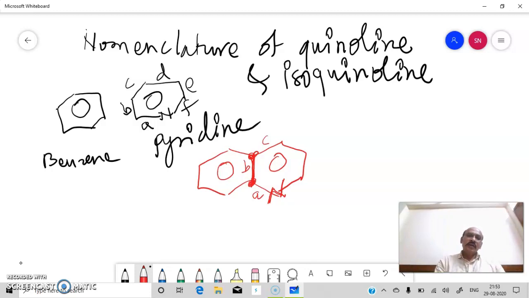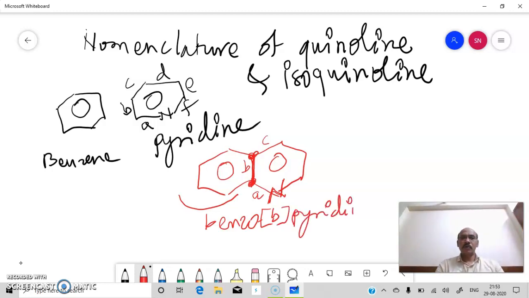So this molecule is benzo, in bracket we have to write fusion site, that is B, next to that is pyridine. So it is also a name for this molecule.